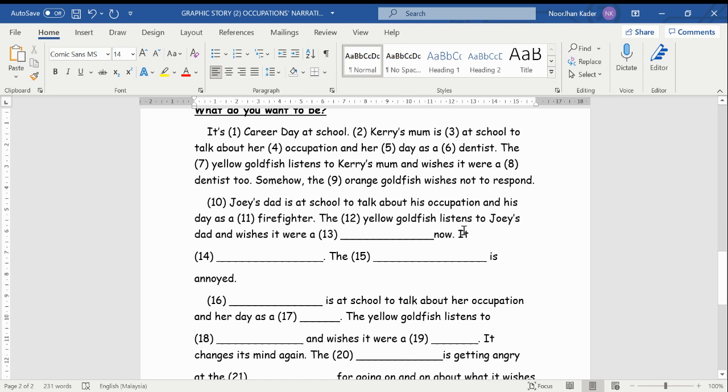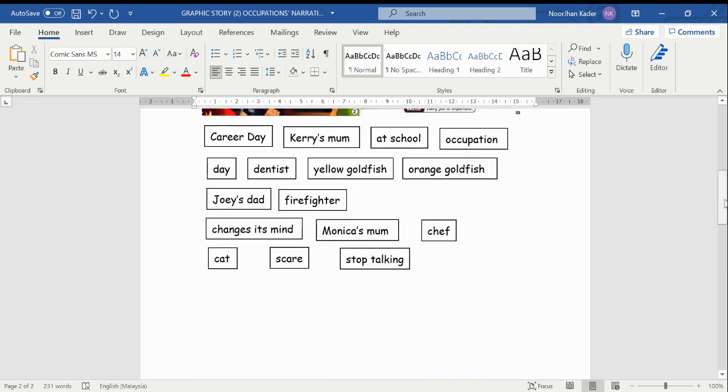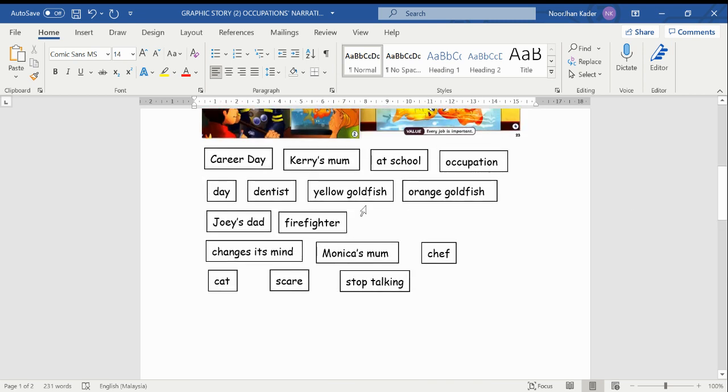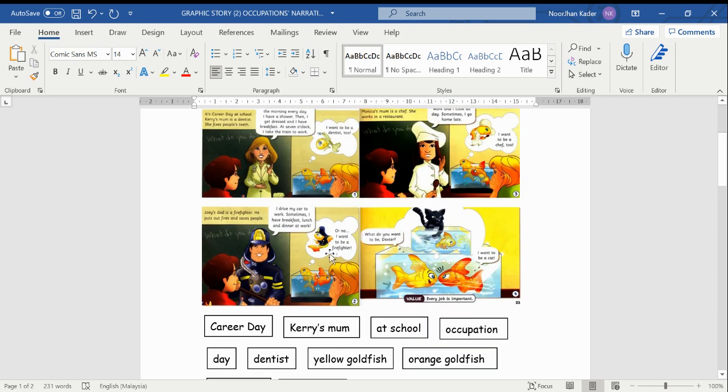The yellow goldfish listens to Joey's dad and wishes it were a dash now. The yellow goldfish listens to Joey's dad and wishes it were a firefighter now.